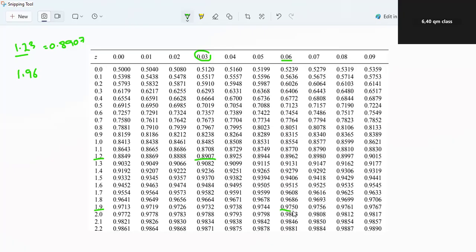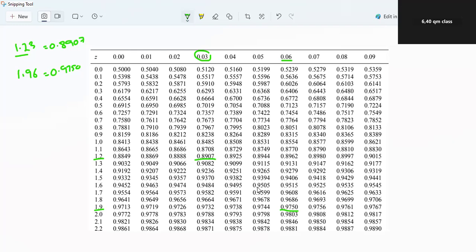So what you're getting here is 0.9750. You could as well do the opposite. If I asked you what is the Z of 0.9750, you just go backwards. 1.9 and you add the 0.06, collectively it will give you 1.96.